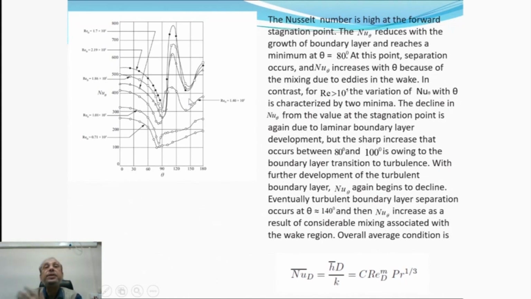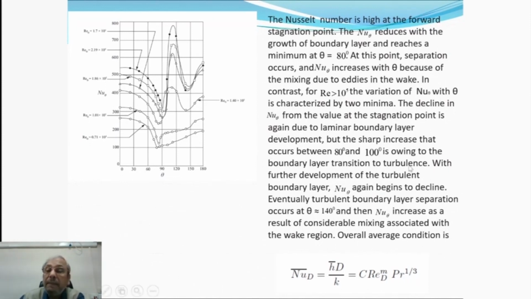Turbulence means better mixing and better transport rate, and we get enhancement of Nusselt number. This is just the transition from laminar boundary layer to turbulent boundary layer. But then the turbulent boundary layer has its own growth.